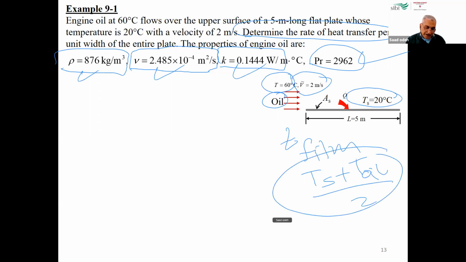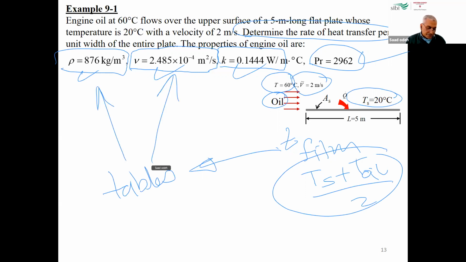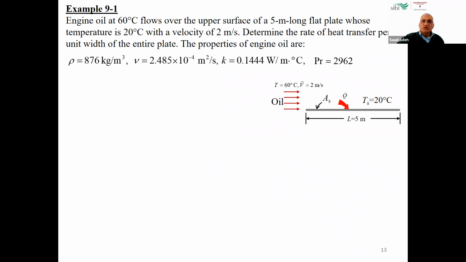You take this value, T film, and go to tables to find these values. Clear for everyone? Any question? All right, so let's go to Kahoot.